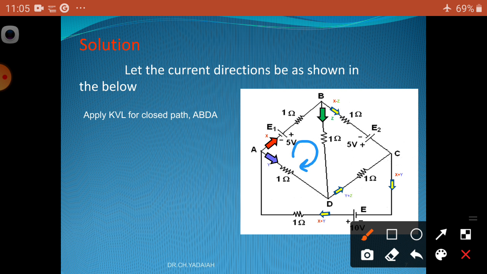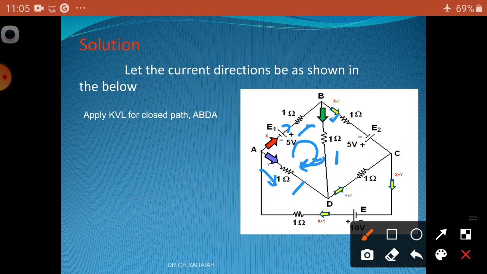Now, what is happening? This current direction and this loop direction are both in the same direction, so you take the negative drop. In this case, the current direction and the loop direction are the same, so you take the negative value. Here, the current is coming this way and the loop current is in the opposite direction, so take the positive value.